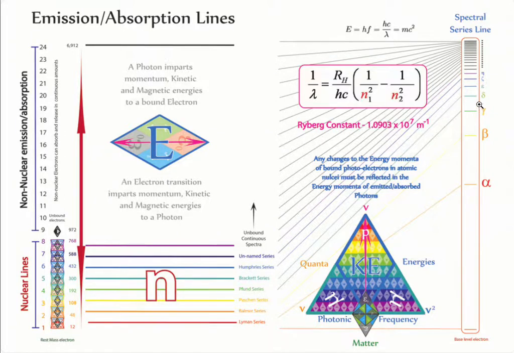We can in fact map these lines with relationship to each other and their energy levels, and they'll give us our familiar spectral lines as we see produced with arc lamps in the laboratory, for example.